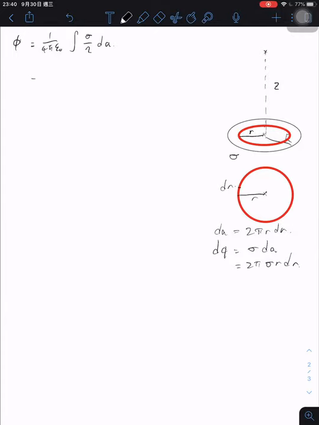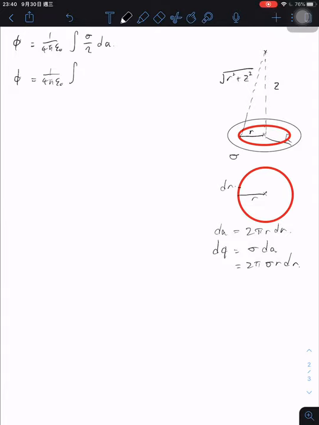Right now we can find the electric potential. We just have to integrate the contribution of all the rings. For each ring, the distance between the ring and the observer is just the square root of r squared plus z squared.